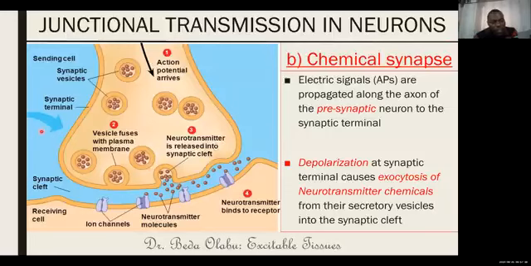And when you have calcium influx, calcium is the one that makes these vesicles move from wherever they are up to the presynaptic membrane in a process we are calling docking. And after they have docked, then you're going to have exocytosis.